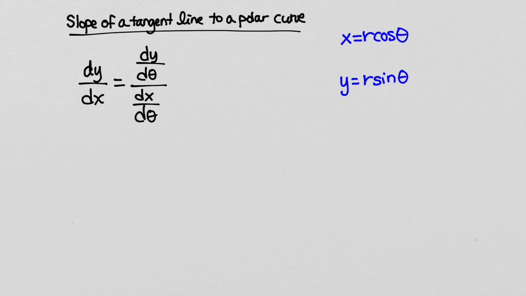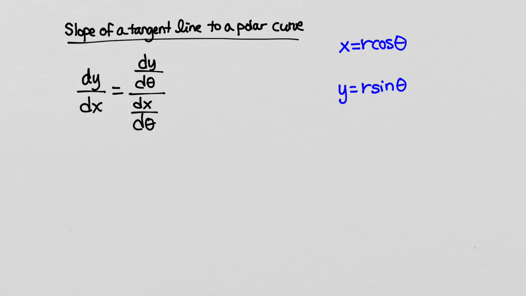Now, I also know that for our polar curves, for instance r equals -1 plus 2 sine theta, r is itself a function of theta, right? R depends on theta.